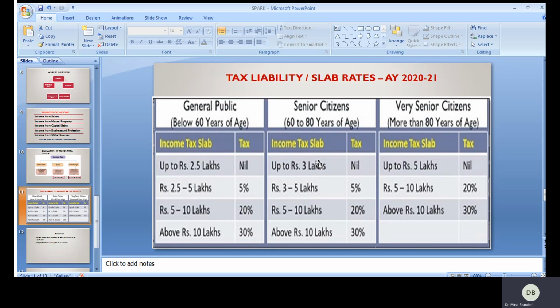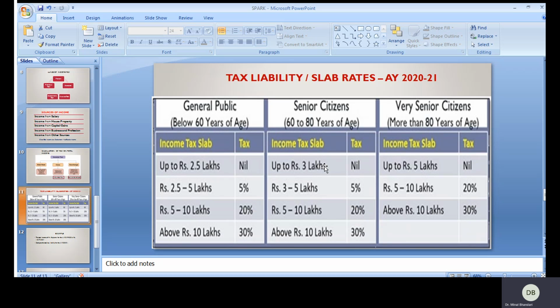Now, for senior citizens, the limit of up to rupees 2.5 lakh is extended up to rupees 3 lakh. If any senior citizen is getting income through his retirement benefits, then he need not pay any tax.